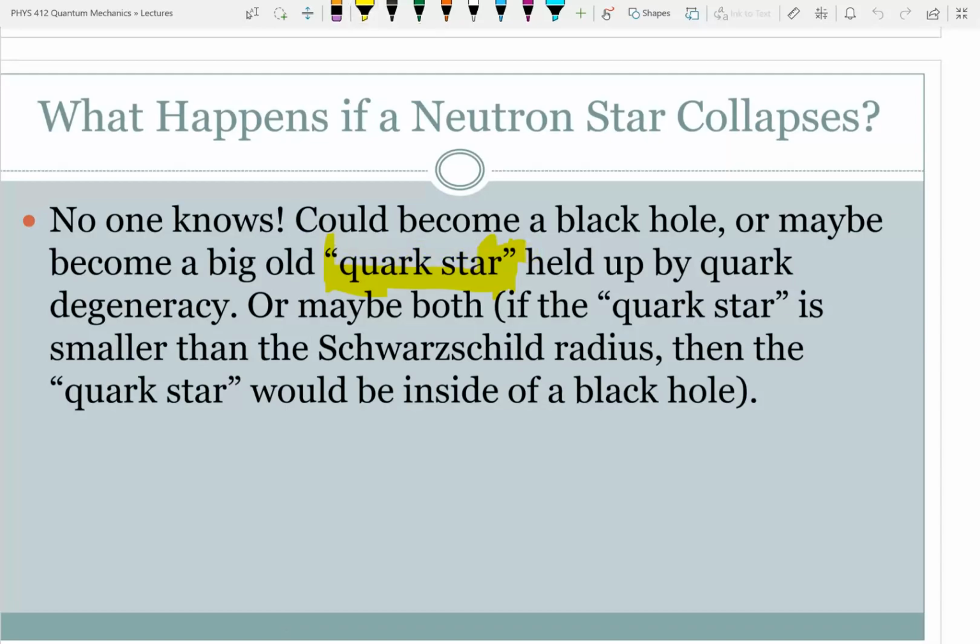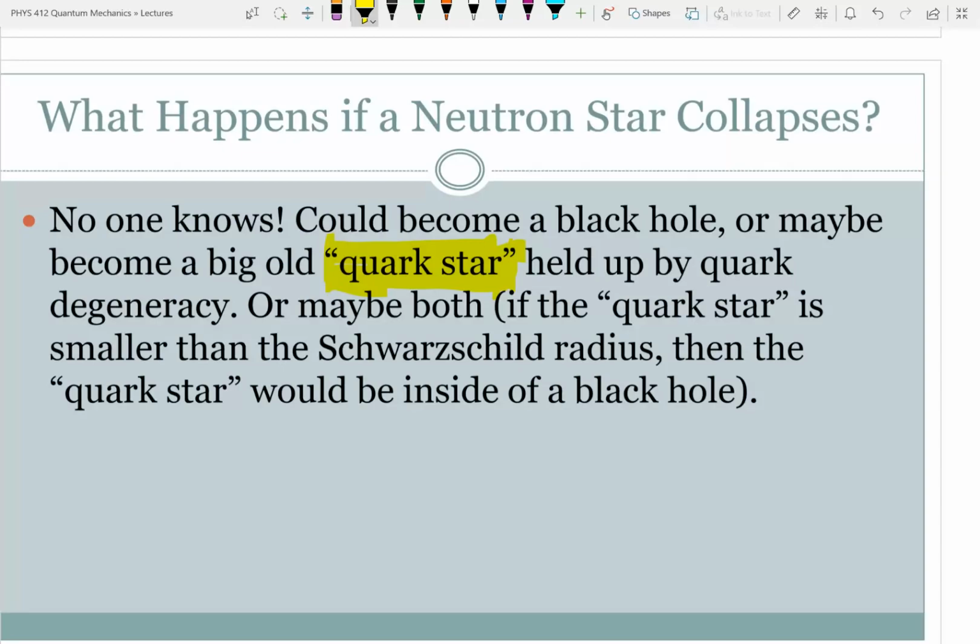I did not find this particular statement, but it seems to me that for a quark star, you go from a white dwarf to a neutron star and it's 1,000 times smaller. Well, if you go 1,000 times smaller again, you're going to be getting somewhere close to the size of the Schwarzschild radius for your mass.